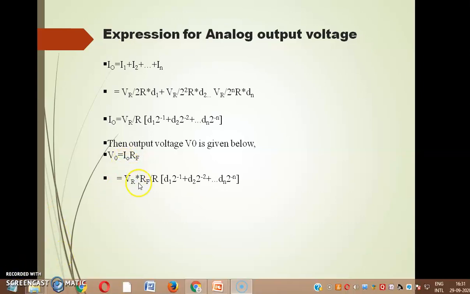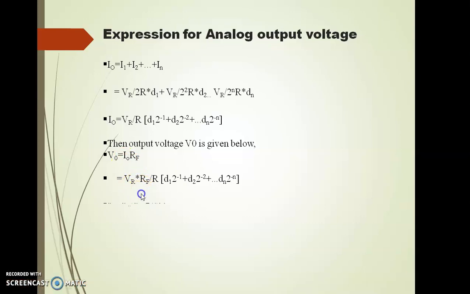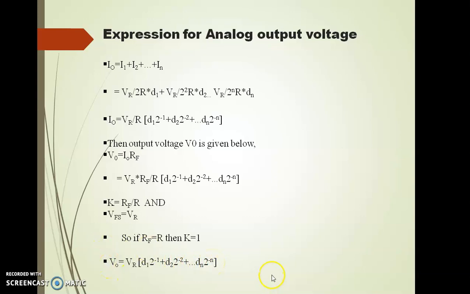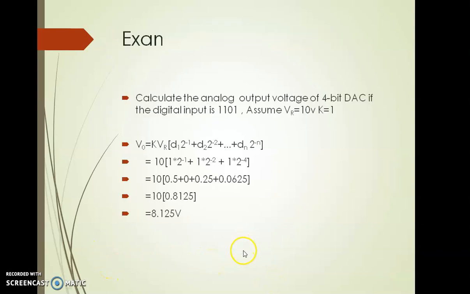After putting this equation into the above equation, we get the result. Now consider the scaling factor K equal to RF upon R, and the full scale voltage VFS equal to VR. Putting all these values, the output voltage is equal to K VR times D1 2 raised to minus 1 plus D2 2 raised to minus 2 up to Dn 2 raised to minus n. This is the final equation for obtaining the analog voltage.